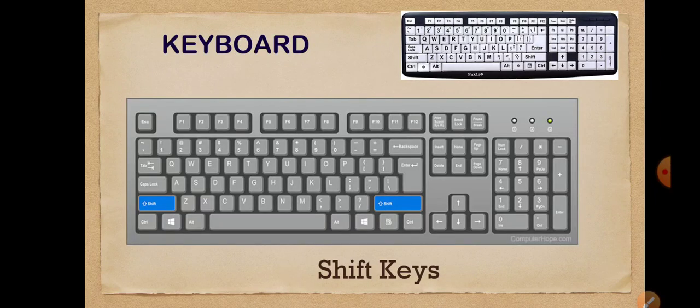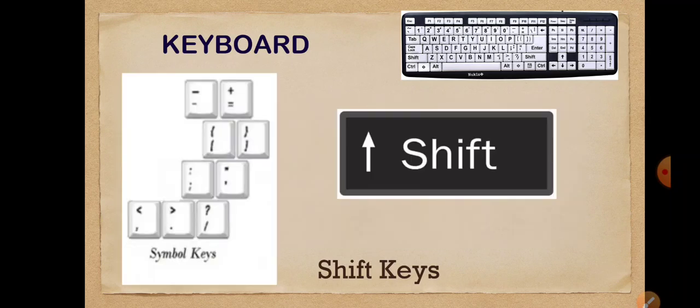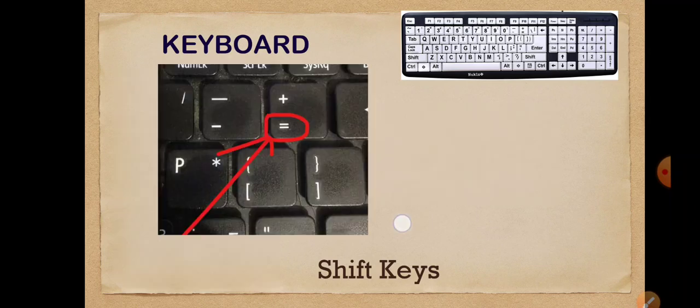Next type of key is shift key. Now, as I told you when I taught you about the symbol keys, that we need shift key to print the symbols. Let me explain you how. Now I have shown several symbol keys on the left side. We need shift key to press these to get these characters. Let me give you an example. Suppose, as you can see where I have highlighted, there are 2 characters printed, plus and equals to, on a single key.